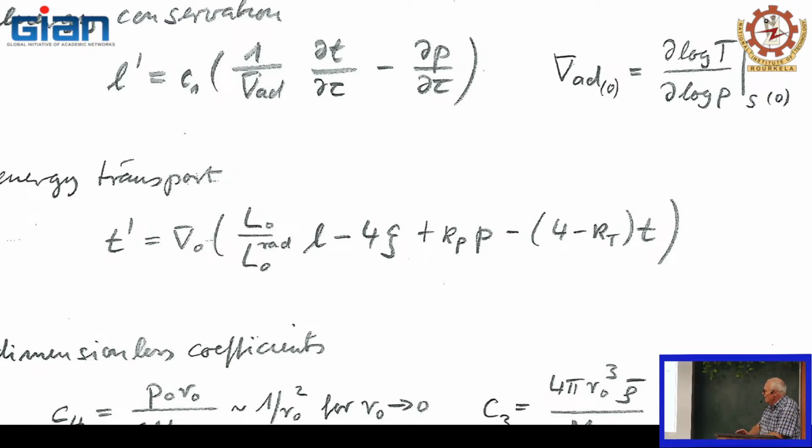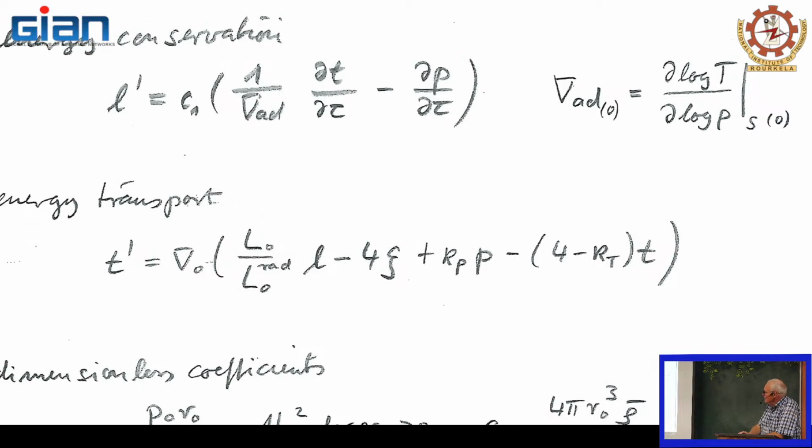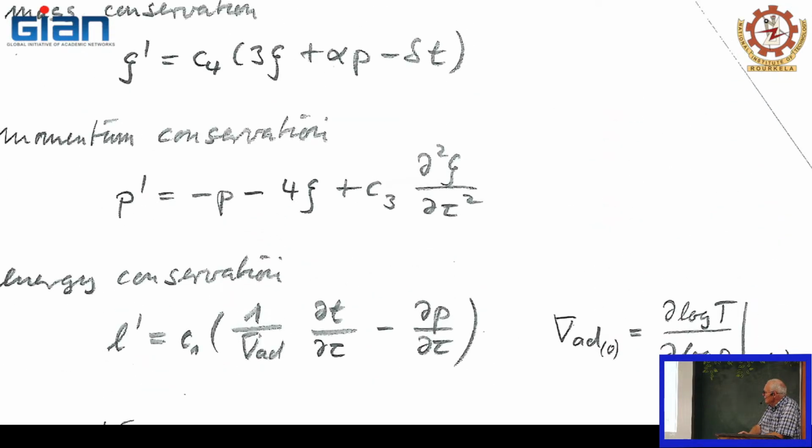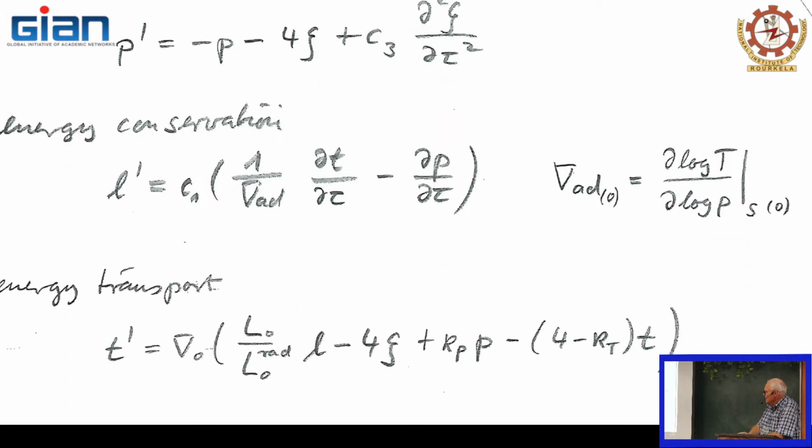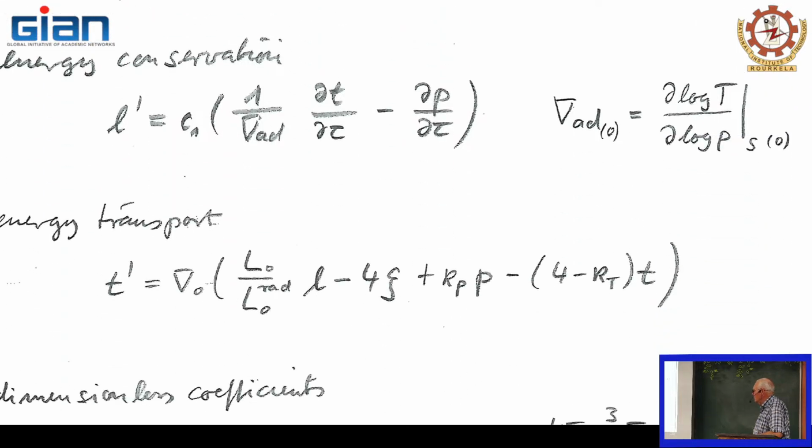These are coefficients which depend on the properties of the hydrostatic stellar models: C4, then C3 in the second equation, and C1 in the third equation. All our quantities are known, which refer to the equation of state coefficients and the opacity coefficients.